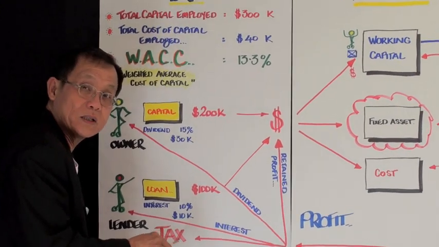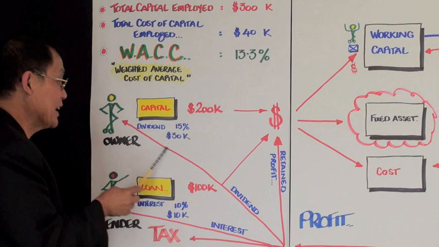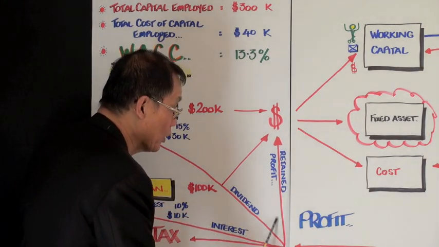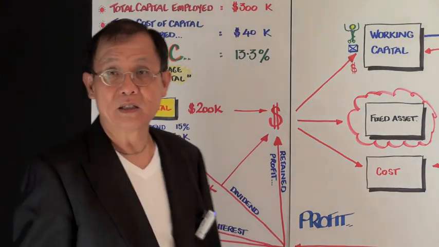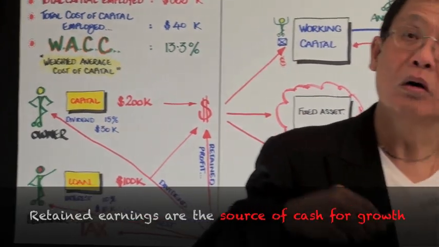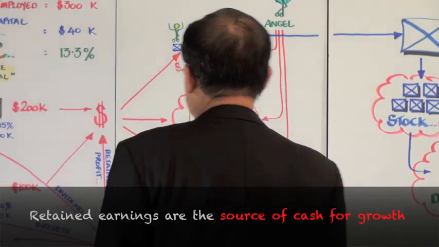This is the government, which is tax. After you pay tax, if anything's left, you pay dividend. Whatever is left goes back to the company as retained profit, profit that is brought into the company for growth.